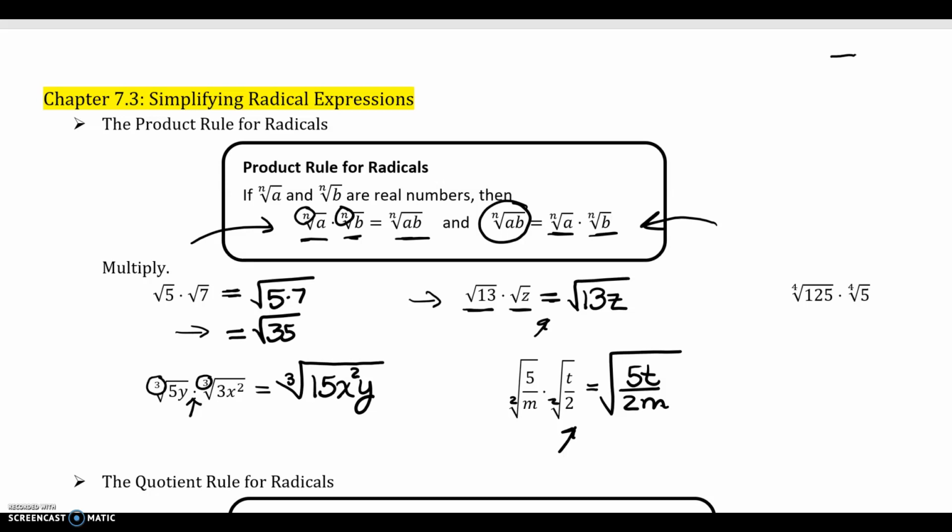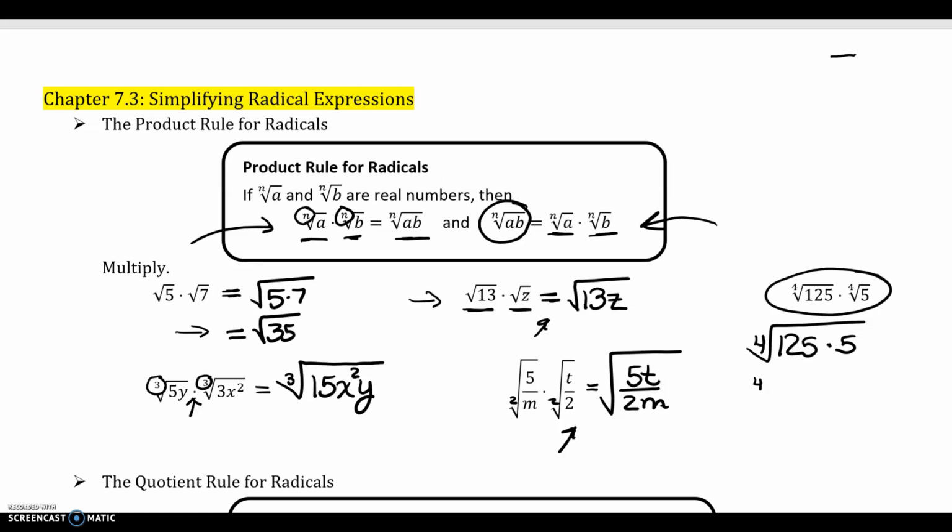So now let's take a look at this last example here. This is the fourth root of 125 times the fourth root of 5. So we can combine that product under one radical, and instead of actually multiplying, I'm going to look to see if it simplifies first. I knew the other ones didn't simplify because I know a lot about the numbers 35, 15, 13, and 5. But what about this number here?